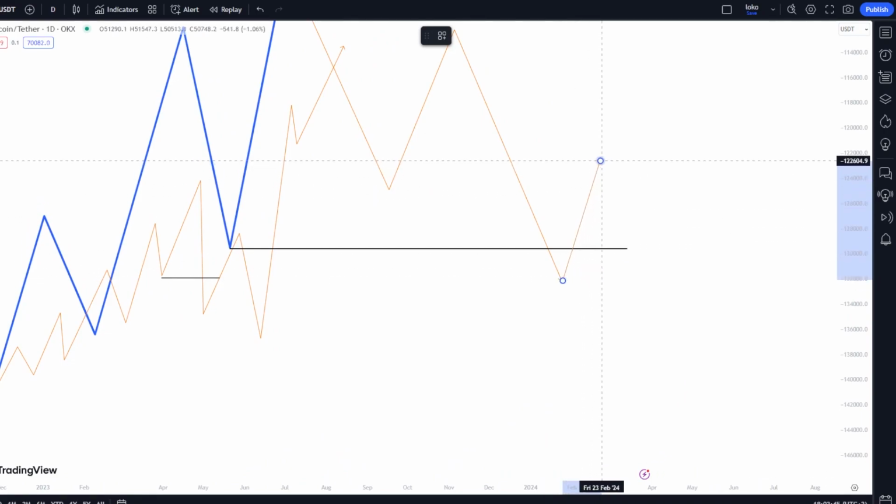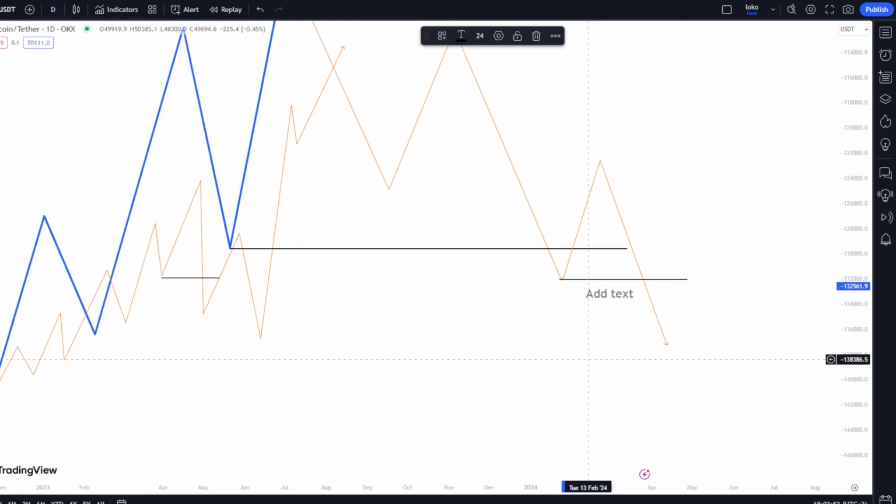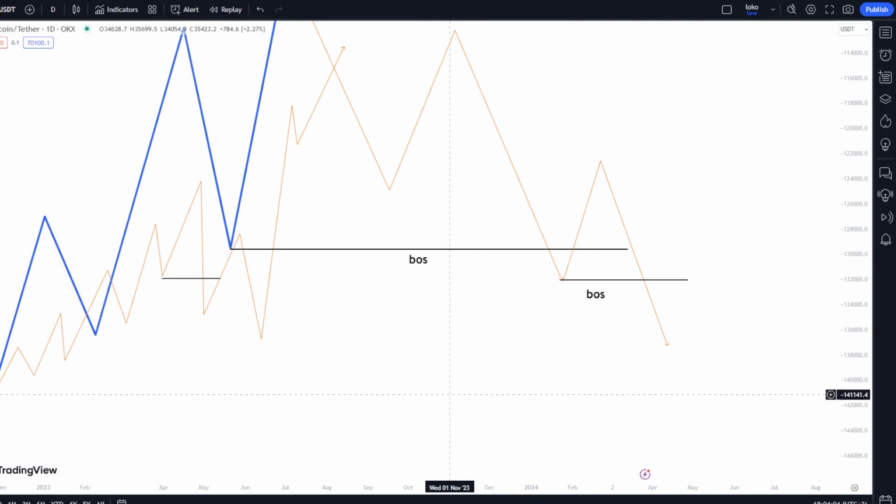For example, a retest of the imbalance and a low down confirms our break of structure.